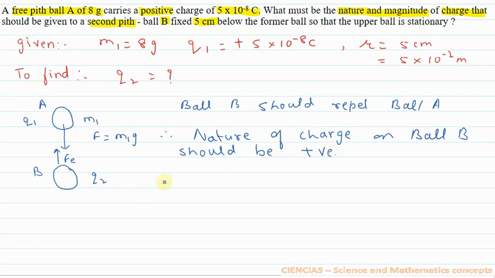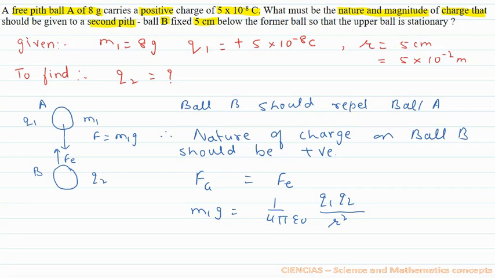Now the formula to be used: the gravitational force will be equal to the electrostatic force, that is m1g will be equal to 1 upon 4 pi epsilon 0 q1 q2 upon r square.